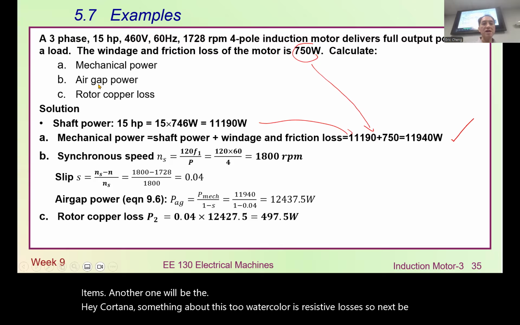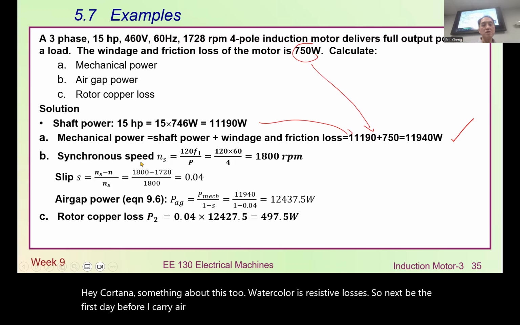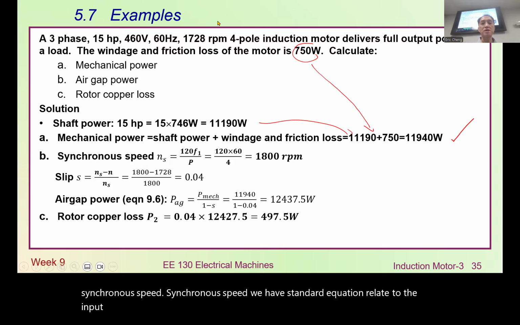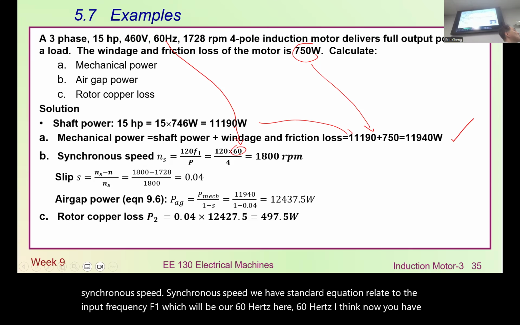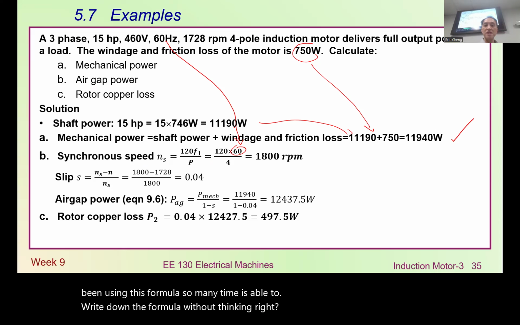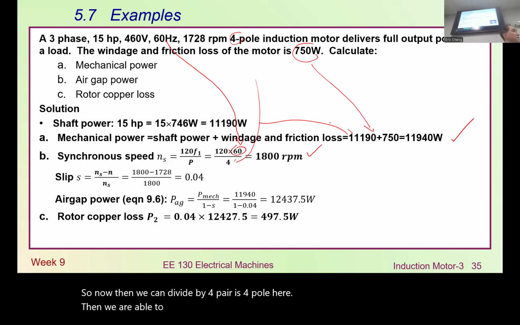So firstly, before we calculate air gap power, let's understand more about the synchronous speed. Synchronous speed, we have a standard equation relating to the input frequency F1, which will be our 60 Hertz here. I think now you have been using this formula so many times, you are able to write down the formula without thinking, right? Then we divide by the pole pair, 4 poles here. Then we are able to get 1,800 RPM.